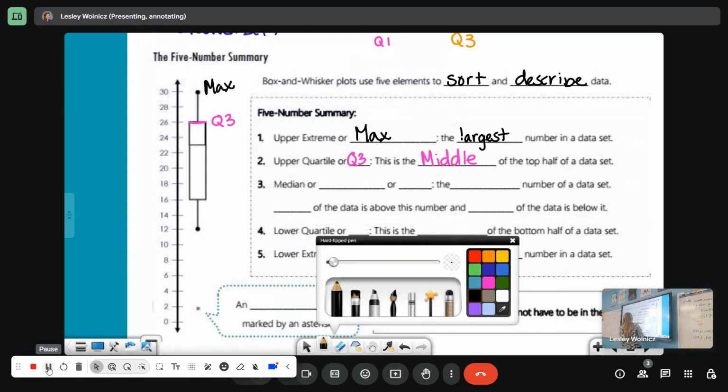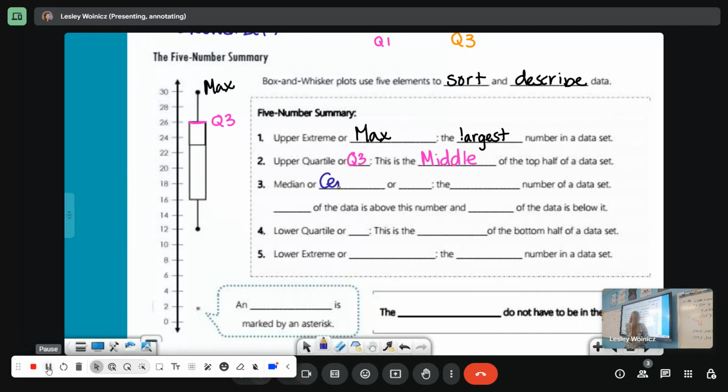The median, or center, or Q2, is the middle number of our data set. Okay, half of our data is above, and another way to say half is 50% of our data is below it. So whether I say half or 50%, you will know that is the same thing. There is the median, quartile 2.